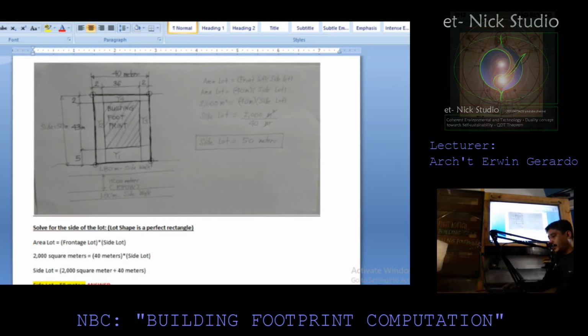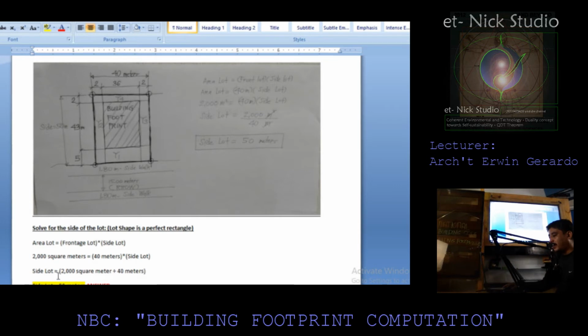So now, to solve for the side of the lot, lot shape is a perfect rectangle. Area of the lot equals frontage of the lot times side of the lot equals 2,000 square meters equals 40 meters, which is actually the frontage of the lot. The unknown here is the side of the lot.